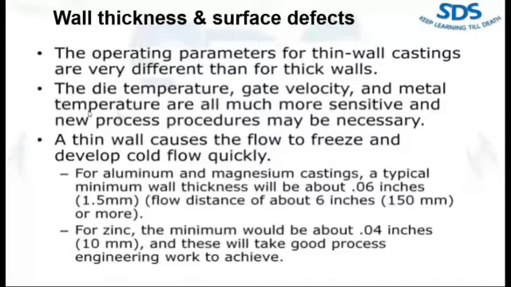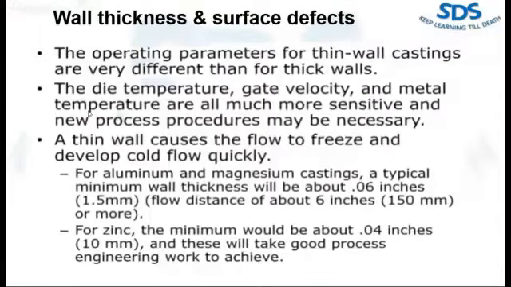The die temperature, gate velocity, and metal temperature are all much more sensitive for thin wall parts, right? As you reduce your wall thickness, you need to control all the parameters, like die temperature, gate velocity, and metal temperature, to a very close tolerance.